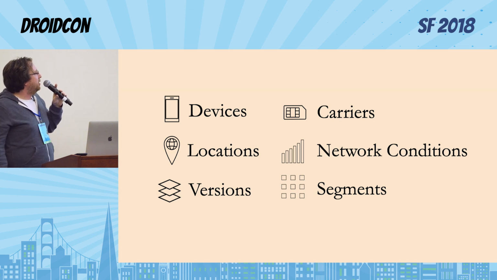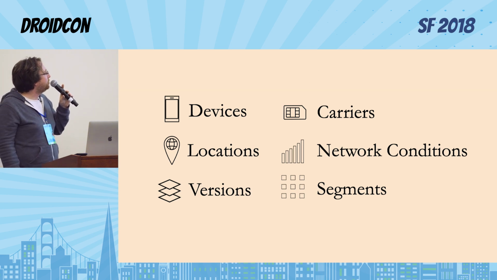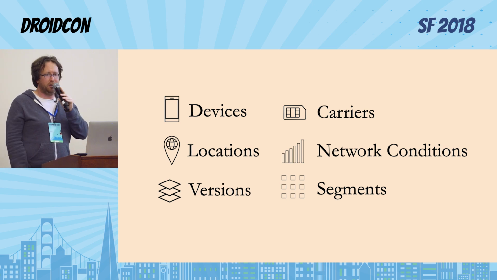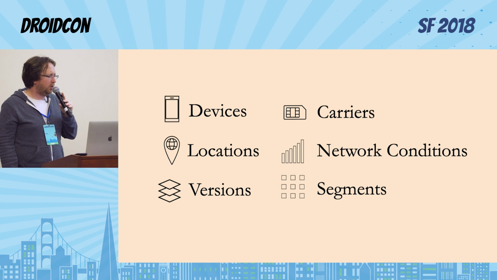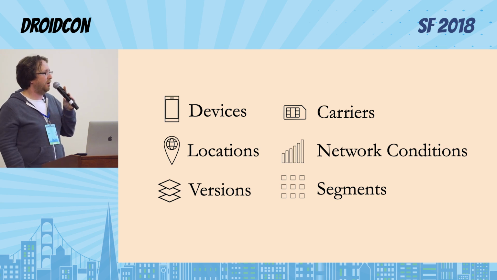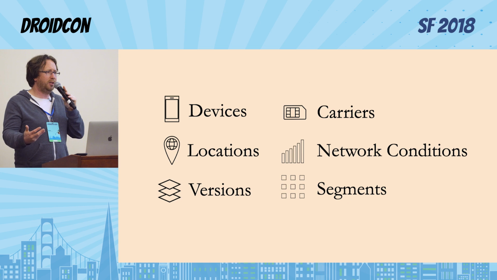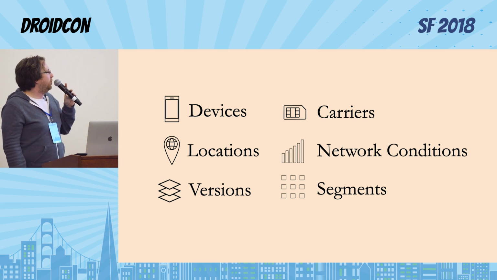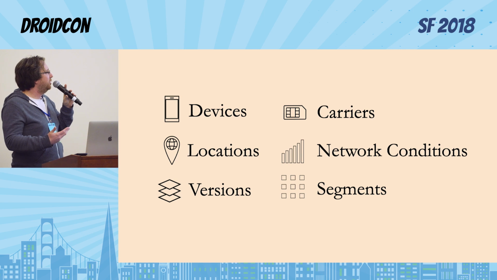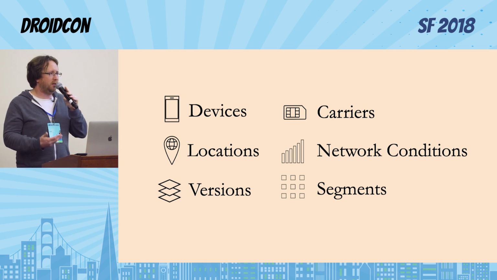There's also carriers. Looking at how your app is performing on different carriers for different regions can be useful. Also locations themselves, making sure that for each of your locations you're having a uniform performance. Typically what you'll see is some locations are better than others, and that just means those locations might not have been optimized.